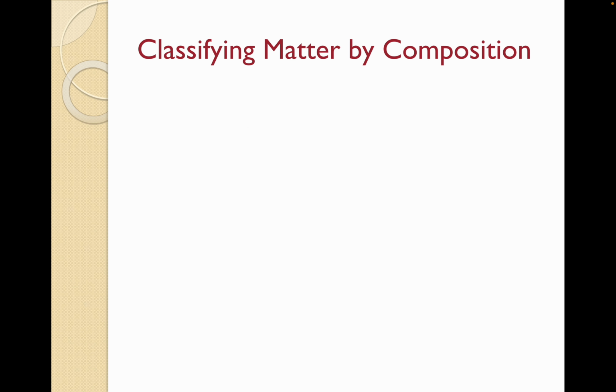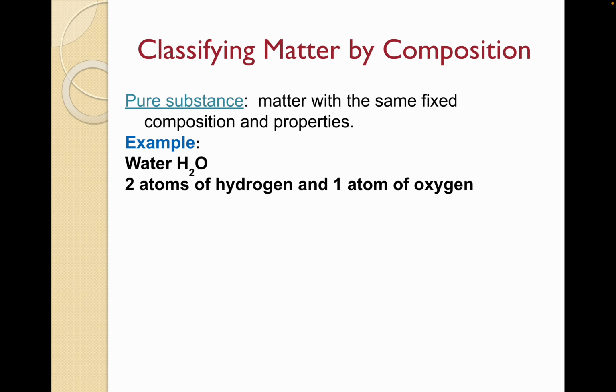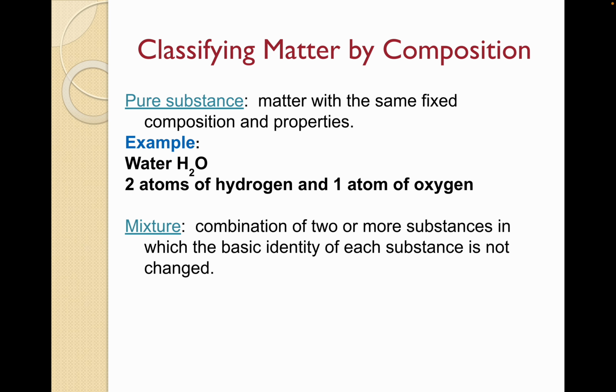Next up, we have classifying matter by its composition. Pure substances are matter with the same fixed composition and properties. Let's say, for example, we have water, H2O, 2 hydrogen and 1 oxygen atom, okay?